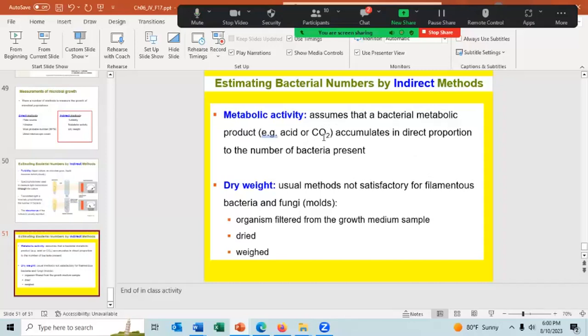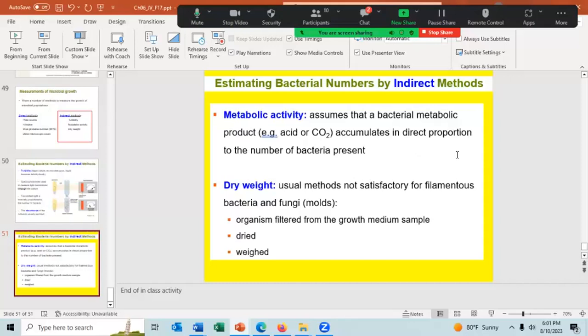So for CO2 being produced, you allow the cells to start producing CO2 for something like 1 minute or 10 minutes. And then you measure the amount of CO2, and then you look at the chart. Let's say it's 32 units of CO2.